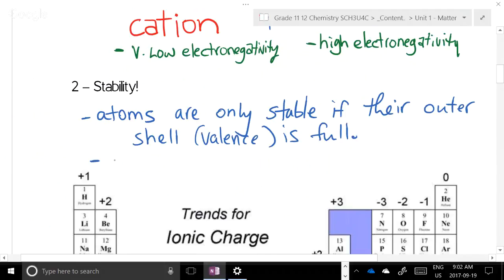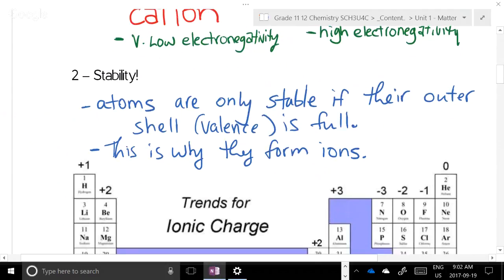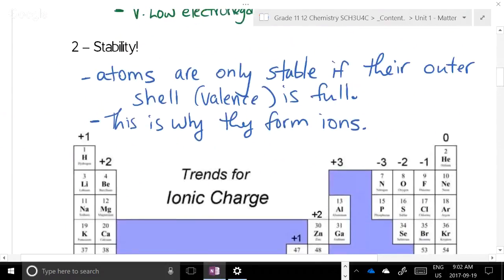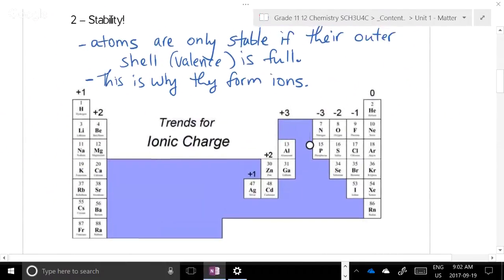This is why they form ions. And I gave you a little table down here of all of the ions that are consistent. You're going to learn that some of the metals in the middle, I mean, in grade 10, you should have already learned, but if you didn't, we're going to talk about it a lot again today.